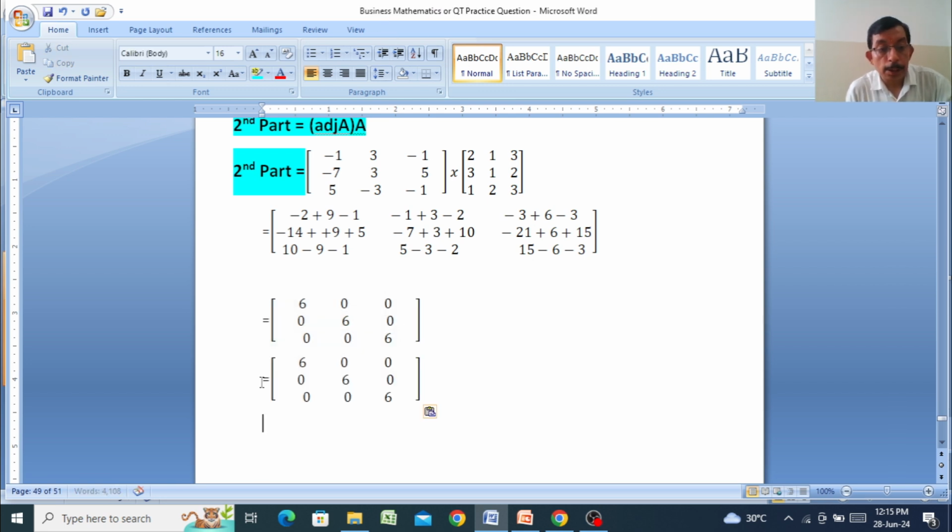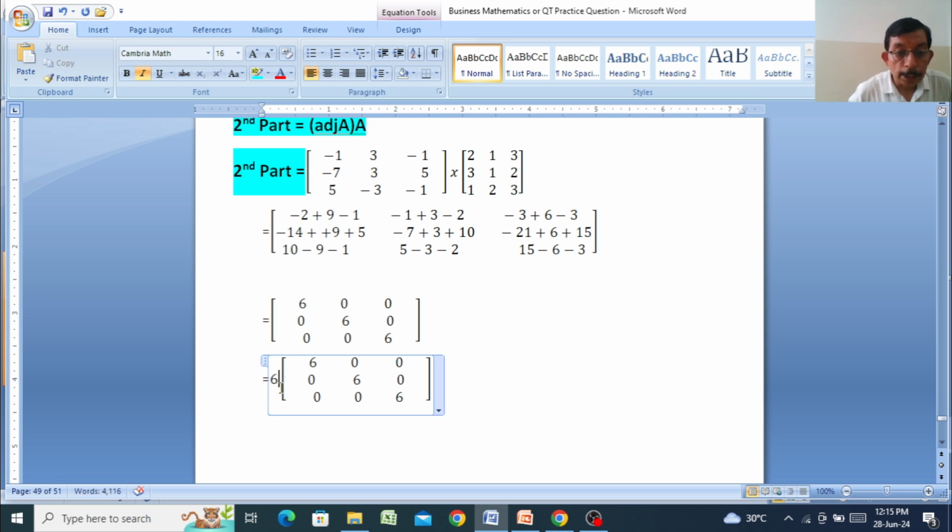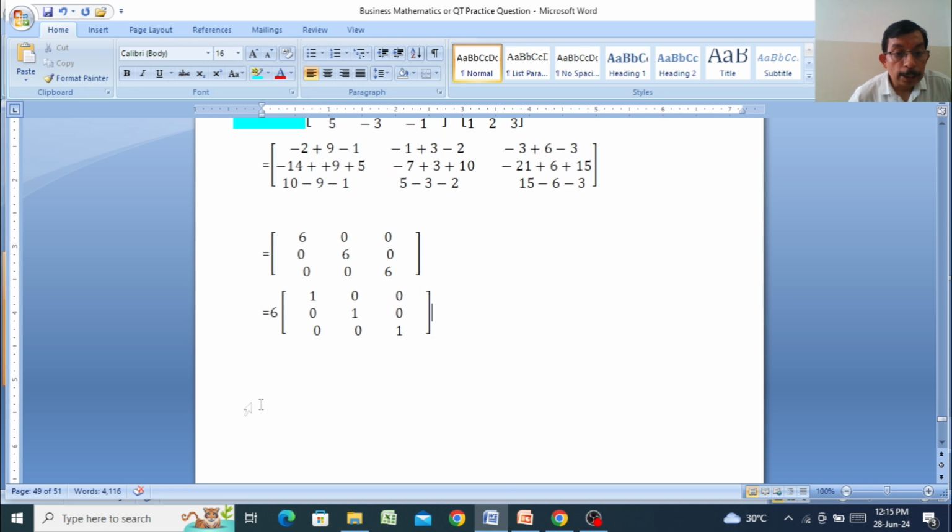In the next step, take 6 as common from the matrix, then the remaining values in the matrix are 1, 0. If 6 is taken outside from the matrix, then the remaining value is 1. This is the third order identity matrix.